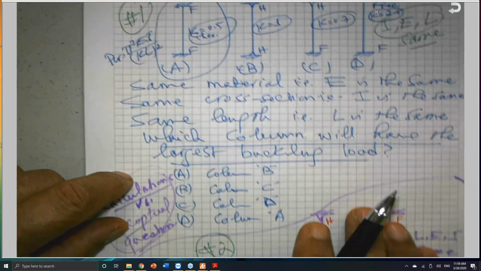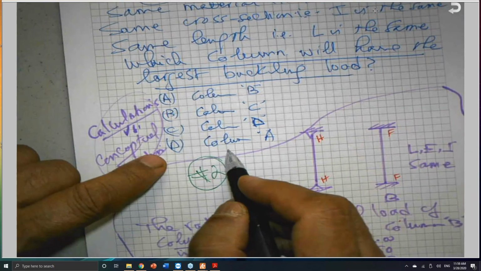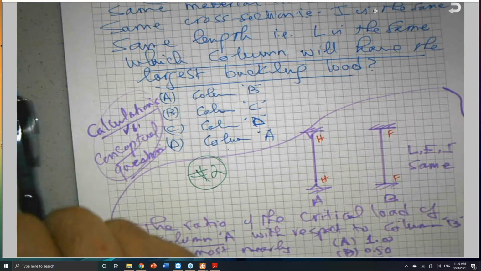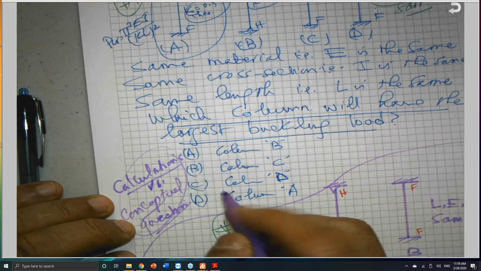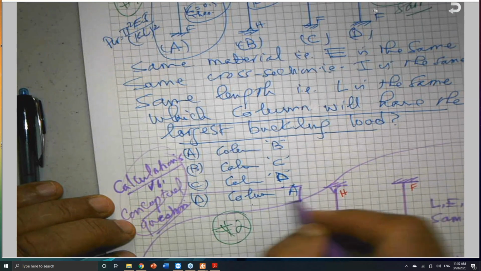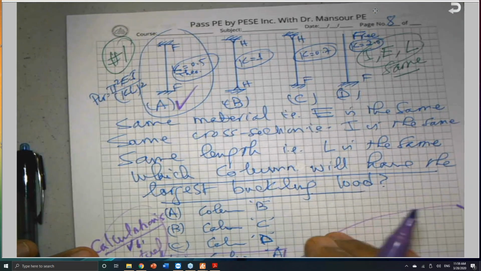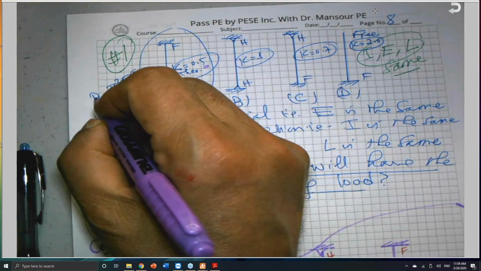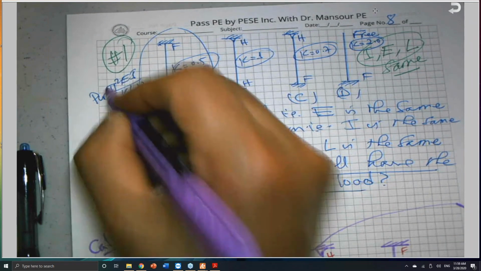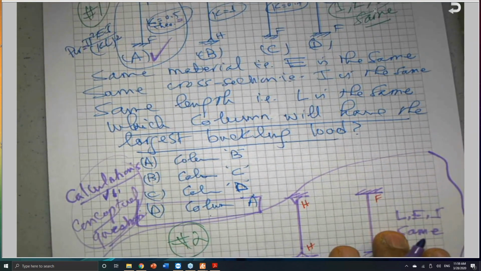So the answer is column A, or the answer is D, as in doctor. Column A is the column which has the largest buckling load, which is this one here, because it has the smallest value of K. The smaller the K, the larger the load, because they are in inverse proportion, as you can see from this equation, and inverse proportion to the square of K, by the way.